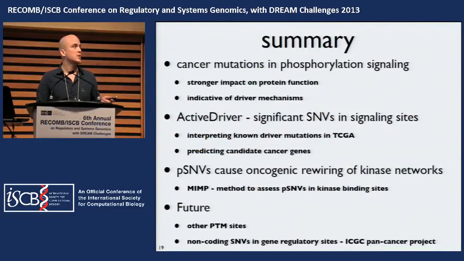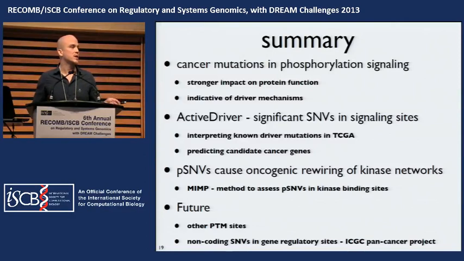To summarize the key points, we have a lot of cancer mutations in phosphorylation signaling. They appear to have stronger impact on protein function in general, and this is indicative of driver mechanisms. So when people do mutation analysis, they should consider signaling information as one source of evidence. Then we are talking about ActiveDriver, which helps you to distinguish these types of mutations in terms of specific genes.